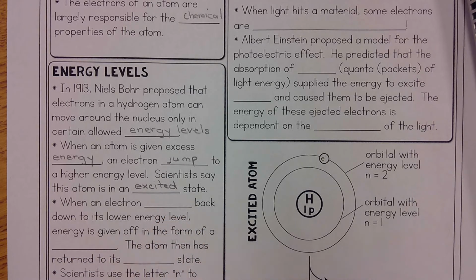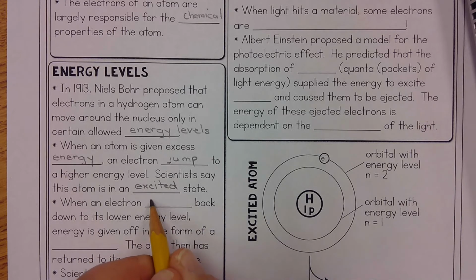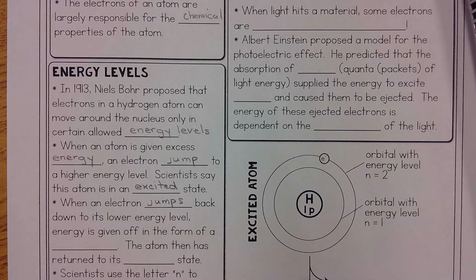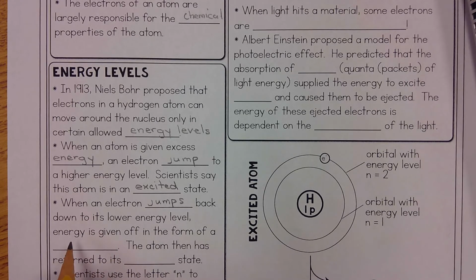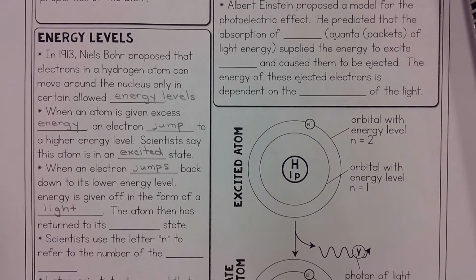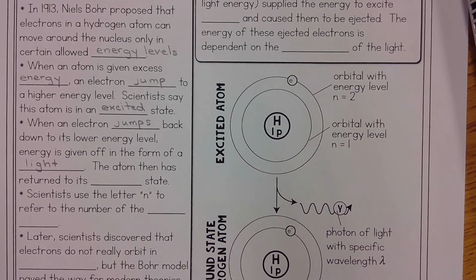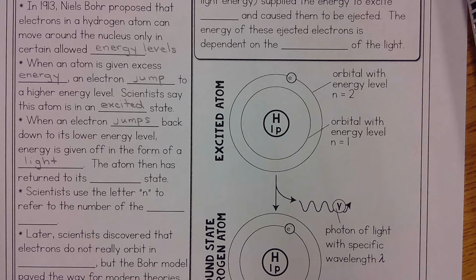When it loses that energy and jumps back down to its original energy level, that energy is given off in the form of light. So that is basically how light is created. Electrons gain some energy, jump up to a higher energy level. When they drop back down, they give off that energy as light.